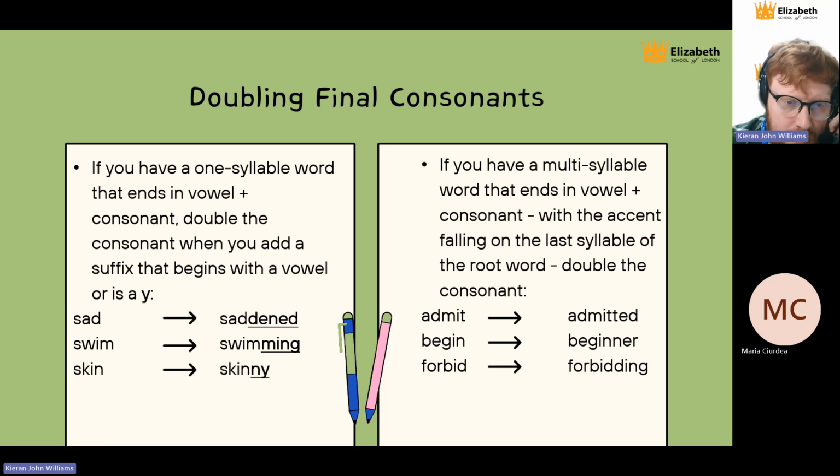So if you have a one-syllable word like sad, swim, skin, and the last two letters are a vowel and a consonant, so A is a vowel, I is a vowel, I is a vowel, and then a consonant, D, M, N, in that situation, we double the letter.